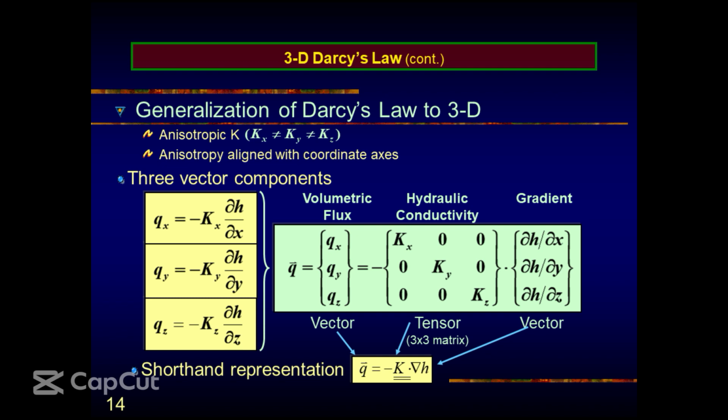This is a cube of fluid. If I am using the right hand rule as my coordinate directions, this is y, x, z.